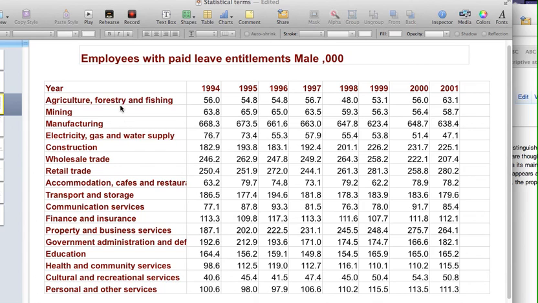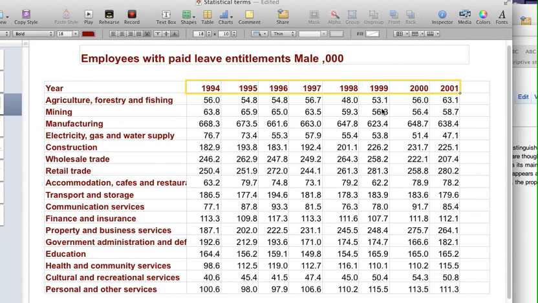The variables I put in a different colour. So you've got the years going along here. I'll highlight those so you can see them. There's the years going along there, so 94 to 2001, and you've also got the industry down the left hand side here, the y-axis.